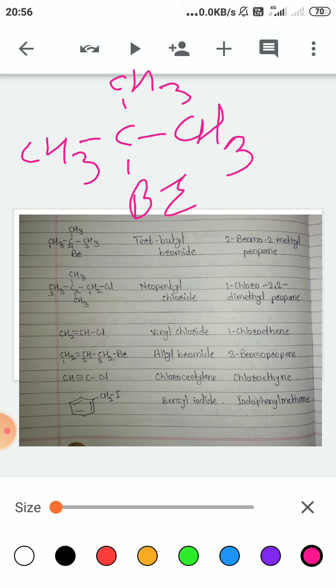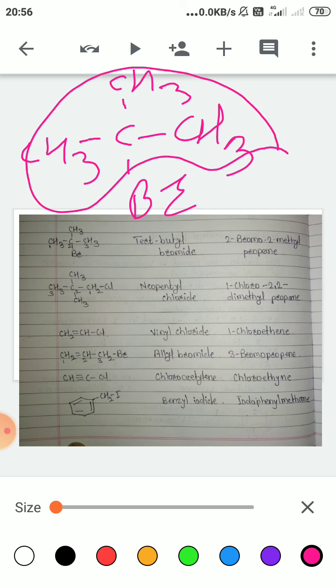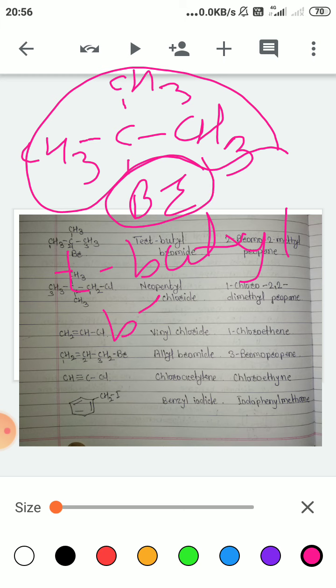Now here also you have to remember this group is called the tertiary butyl group, and as it contains a bromine halogen atom, therefore bromide, and the common name of this compound is tertiary butyl bromide.